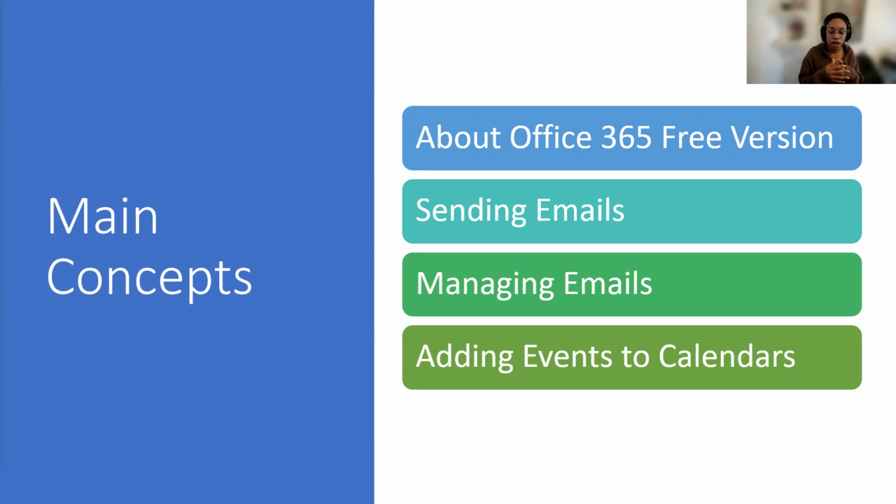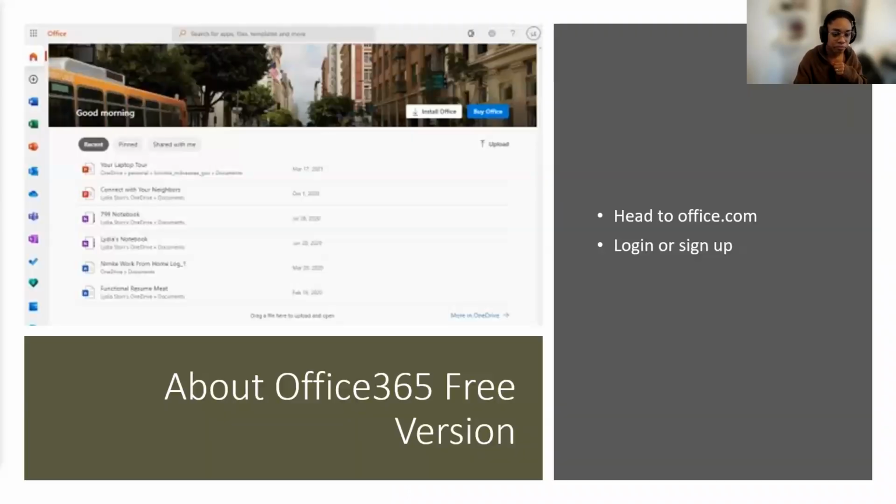And then we'll touch on Outlook Calendar. It works pretty much the same as other calendar apps we've gone over in the past. So we'll talk about that at the end to kind of wrap up our discussion of Outlook. And let's get started.